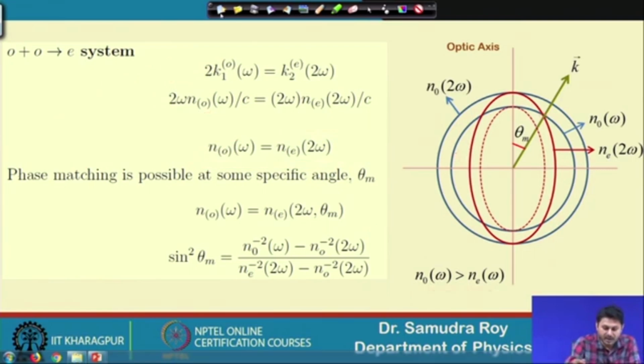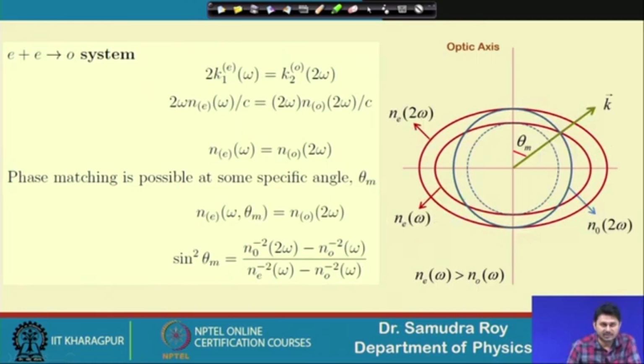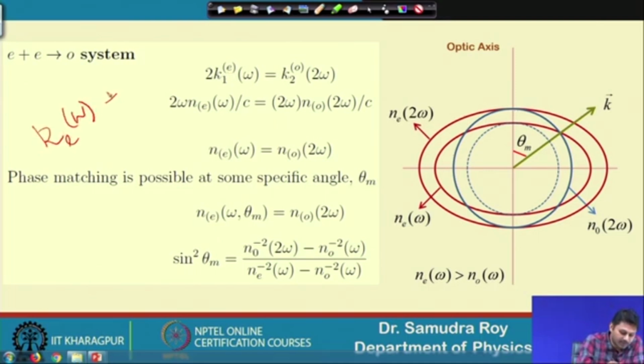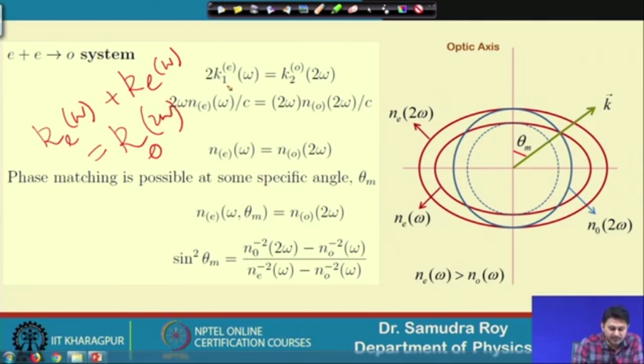The next thing is what happens for the other scheme, that means the EE to O system. In the EE to O system, two k vectors with extraordinary wave: k_e at omega plus k_e at omega, these two extraordinary wave vectors will be equal to k_o of 2 omega. k of omega is represented by k1, and k of 2 omega is represented by k2.